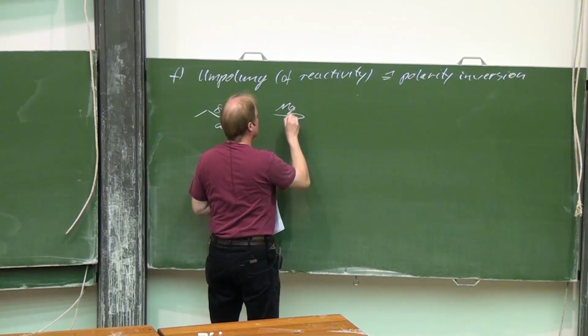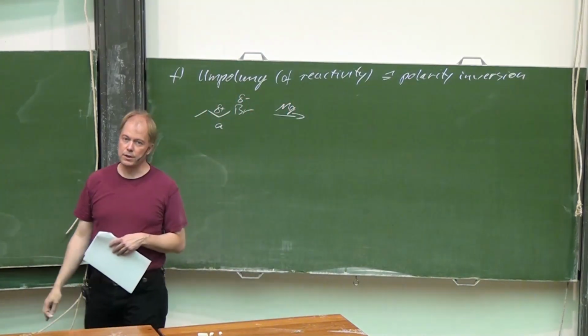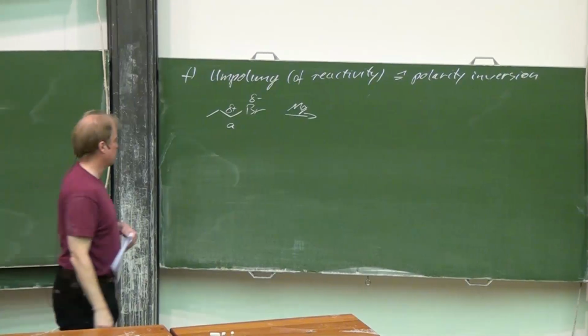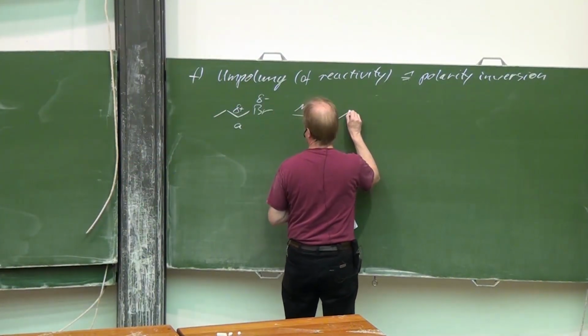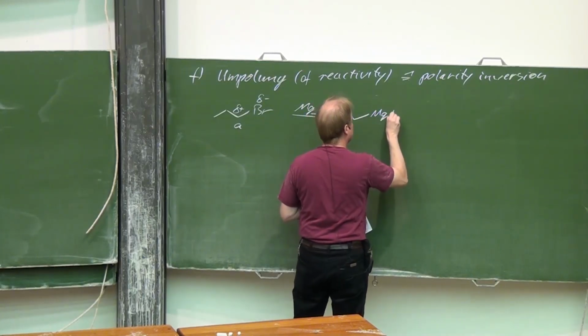If we treat it with magnesium in ether, a Grignard reagent is formed.